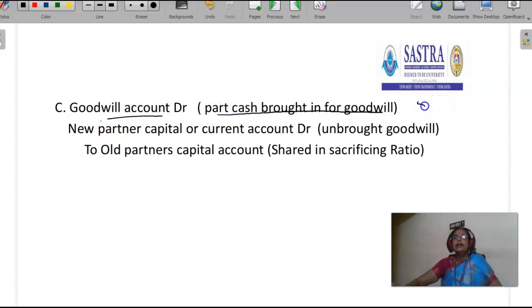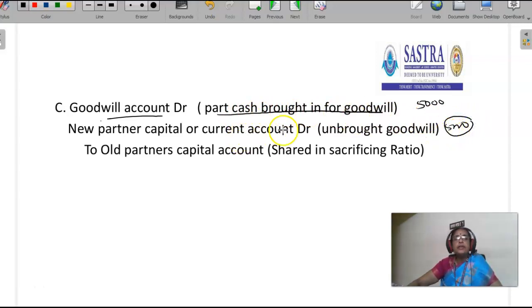Say for example, previously as I told, 10,000 rupees. Out of the 10,000 he brought 5,000. He failed to bring 5,000 rupees. So in that case, the amount which is brought by the new partner is 5,000. That is part payment. Then he failed to bring 5,000 rupees.